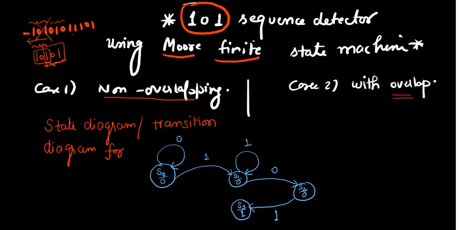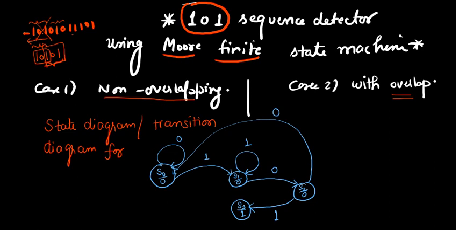So we will raise our flag and we'll make the output as 1. What happens? We have to complete this diagram here. What if we are in S2 and 0 arrives? We have received 1 0, so we are in S2, we are waiting for 1. But what happens if 0 arrives? If 0 arrives, we have to wait for 101 again.